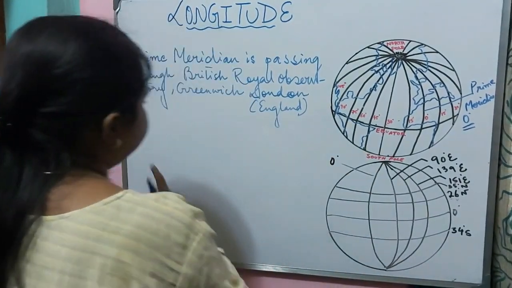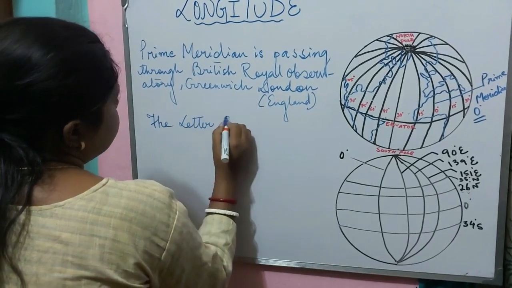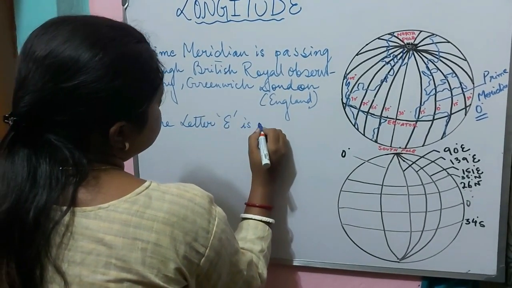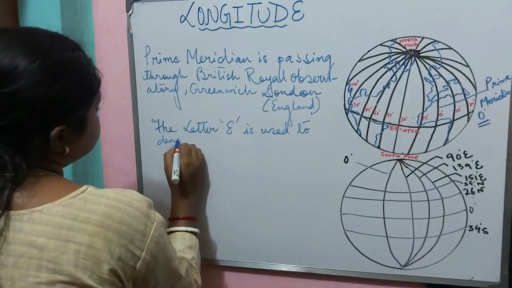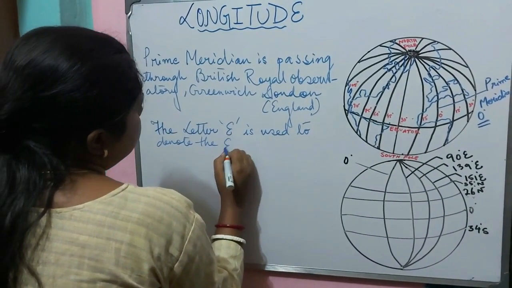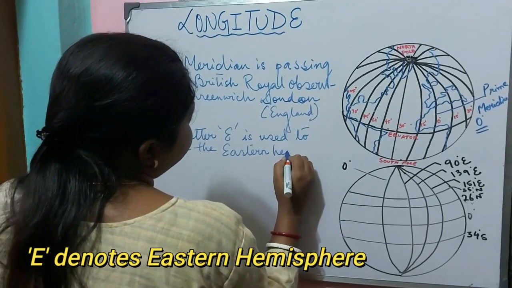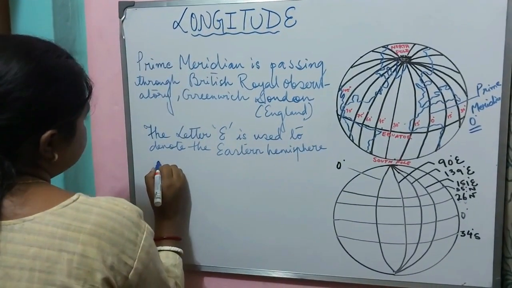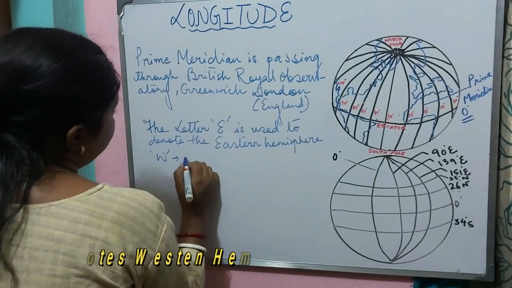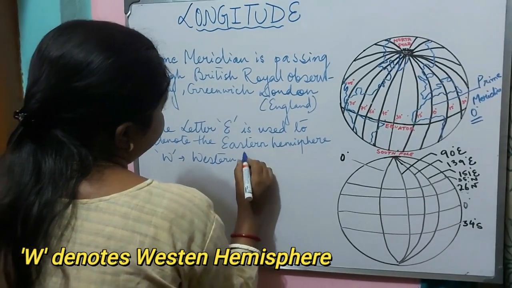The letter E is used to denote the longitudes located in the eastern hemisphere, and W to denote the longitudes located in the western hemisphere.